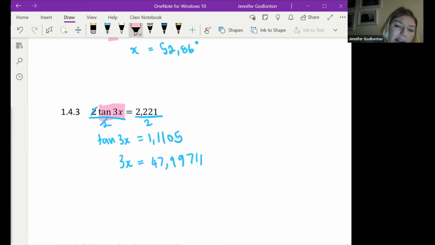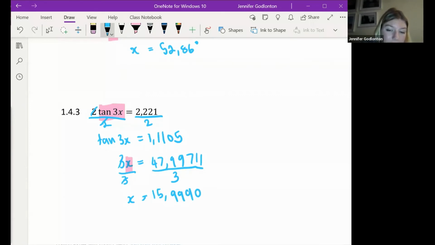We are trying to find out what x is, so now we have to divide everything by 3. And so our final answer is 15,99903. And if we were wanting to round this off to 2 decimal places, that 9 is going to make this 9 go up, which is going to make that 9 go up.